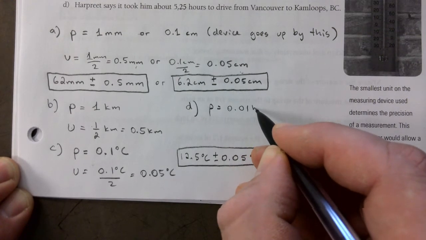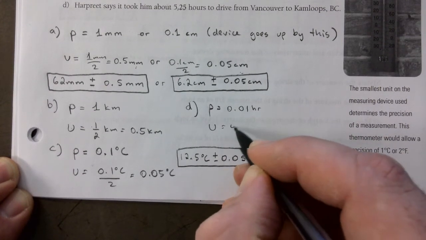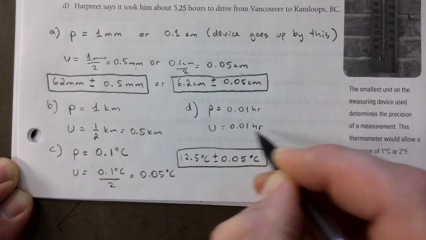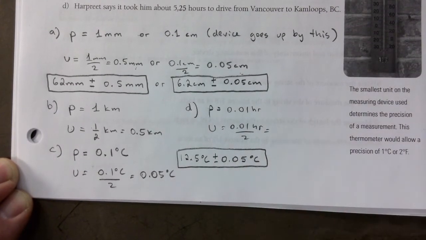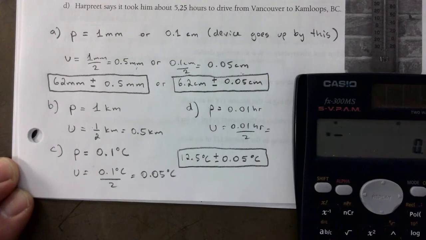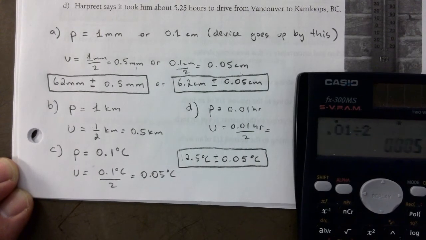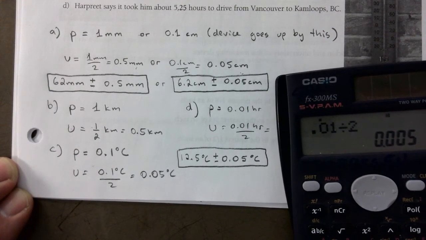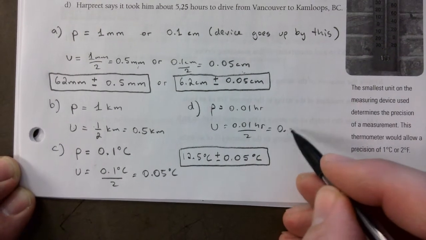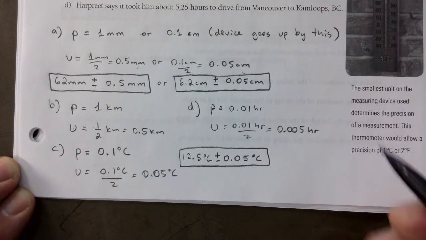So that's hours. So uncertainty would be half of that. And if you're not sure, you grab your calculator and you divide that by 2. So you get 0.005 hours.